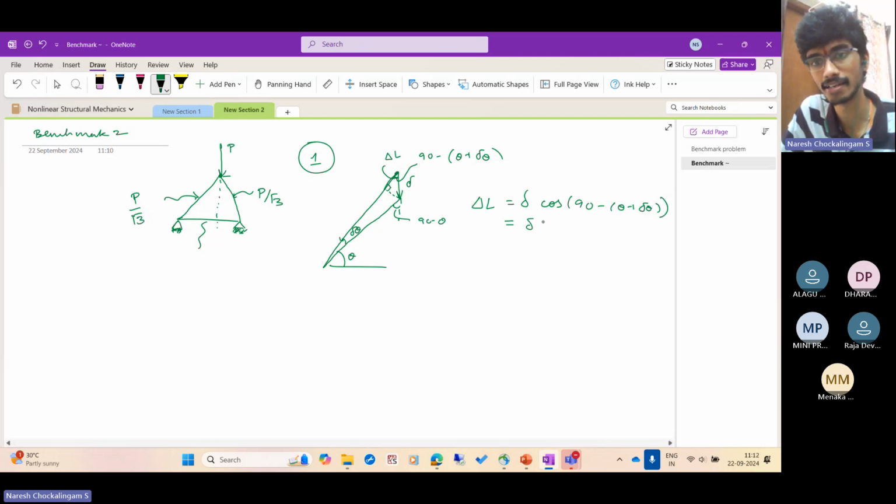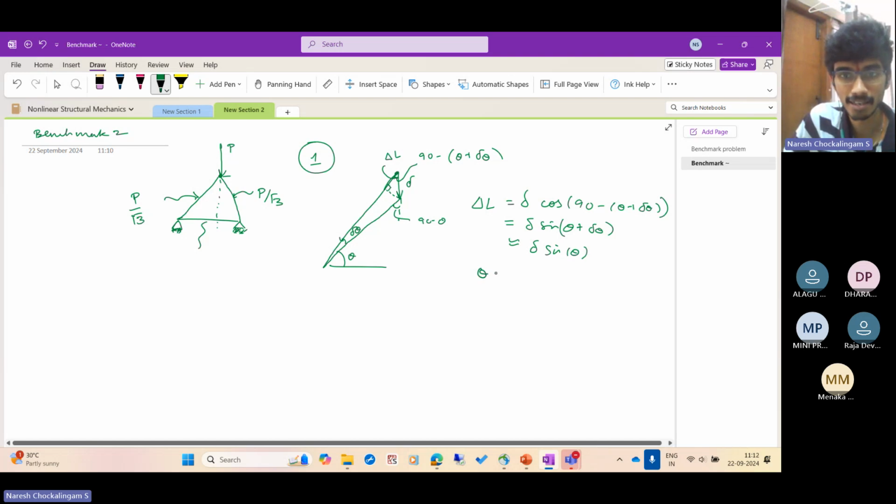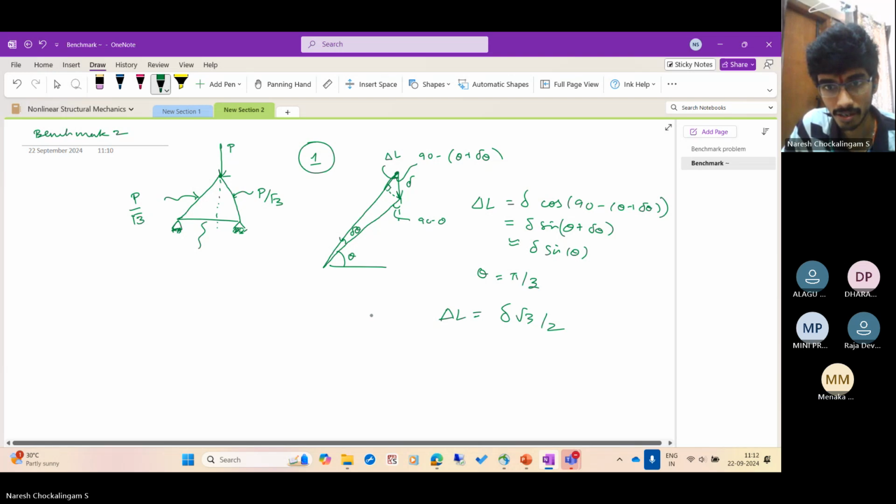So it is nothing but delta sine (theta plus delta theta). So this sine (theta plus delta theta) will be approximately, when deformations are small, just delta sine theta. And theta, take it as pi by 3. So our delta L will be delta sine pi by 3, which is root 3 by 2. So the vertical deflection will be 2 delta L by root 3.